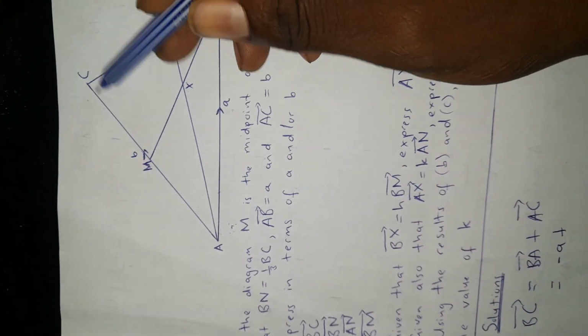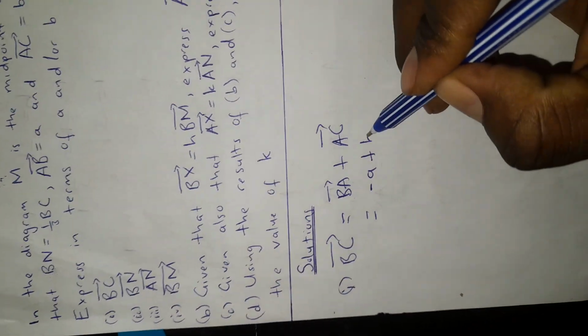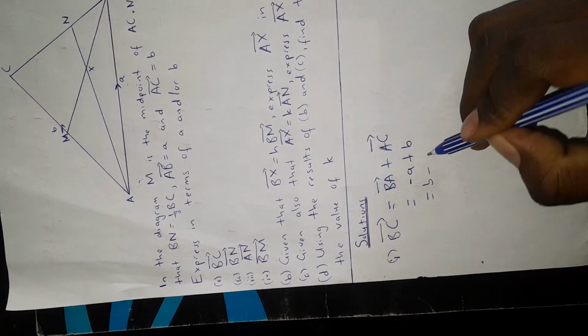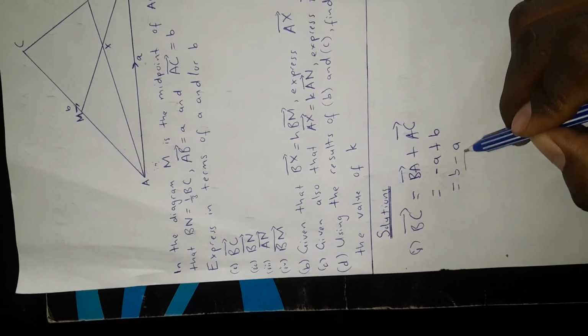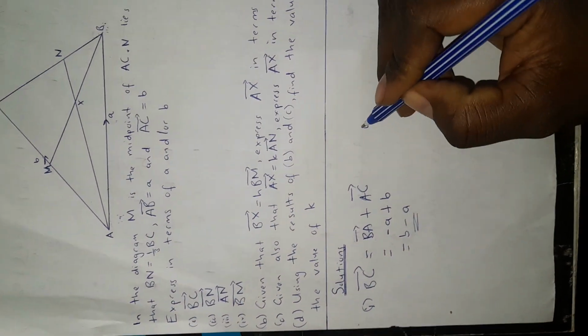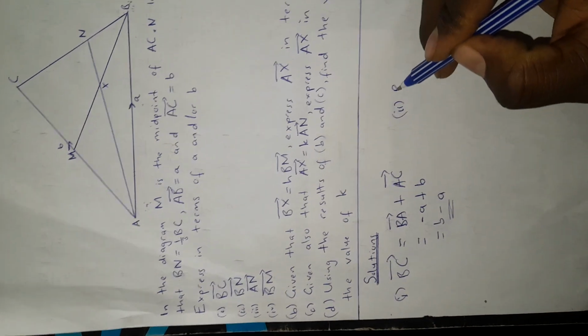Plus AC, where we are going in the same direction, so it's a small B. So here it's B minus A. This is our answer for BC.